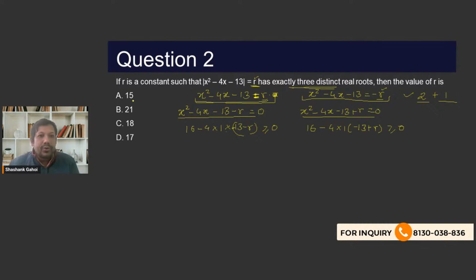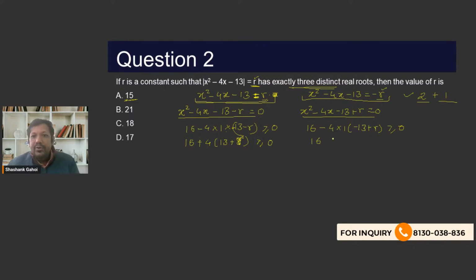Okay, so what I'm going to do is put 15 over here. So basically I'm going to take minus common, so it is going to be 16 plus 4 into 13 plus r, and I'm going to see whether it is greater than 0 or equal to 0.